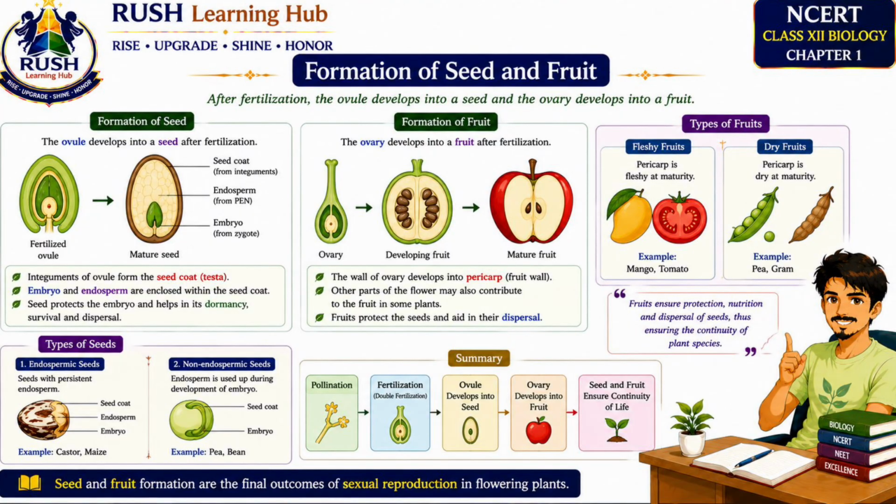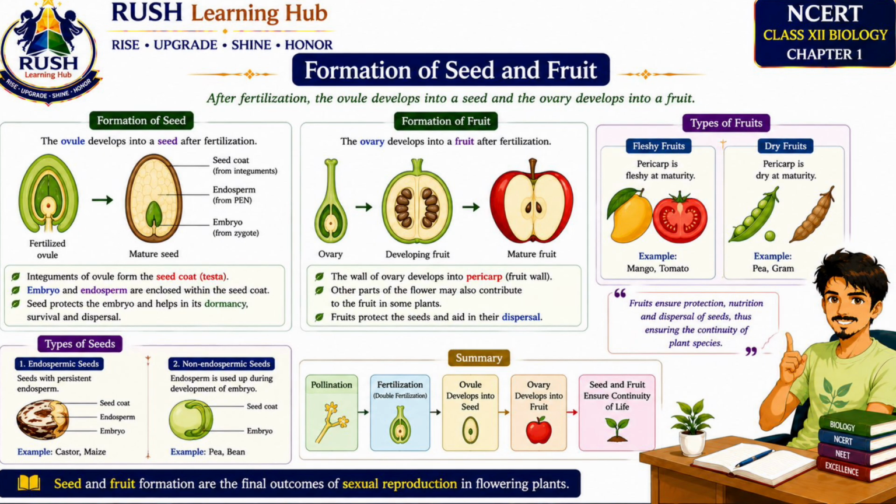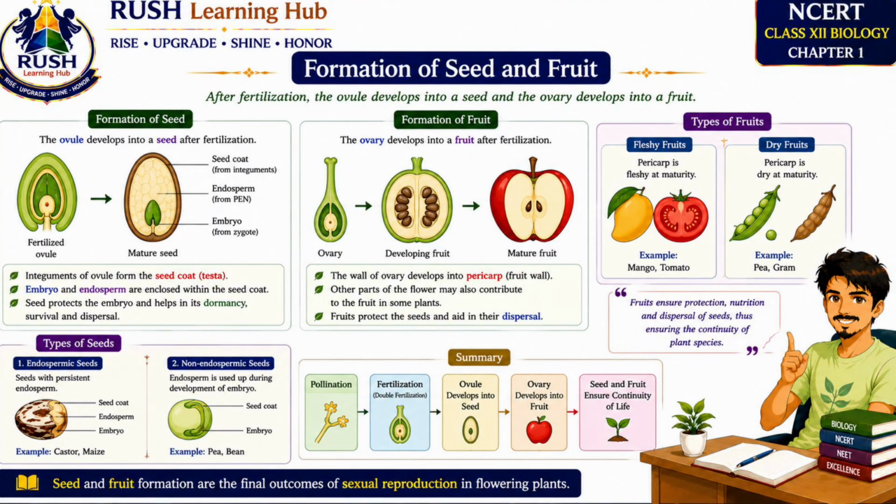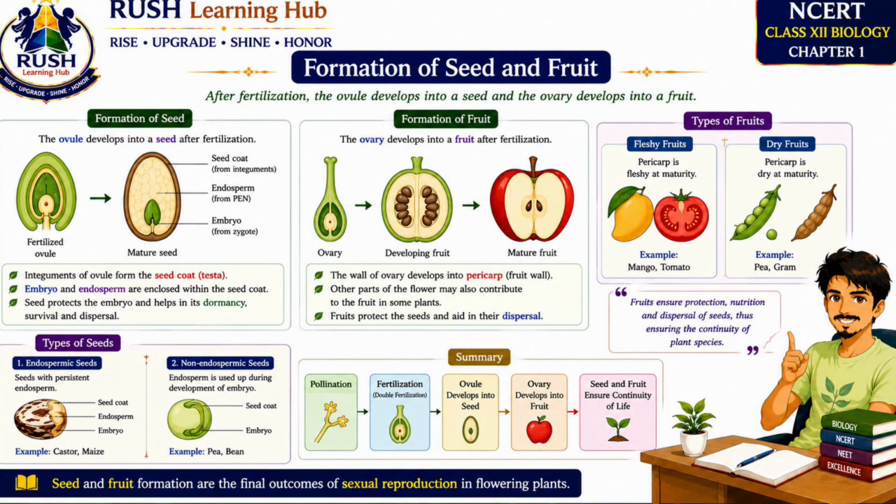In non-endospermic seeds, the endosperm is completely consumed during embryo development. Examples include pea and bean. Thus, the formation of seeds and fruits represents the final stage of sexual reproduction in flowering plants. Seeds ensure the continuation of the species by giving rise to new plants under favorable conditions.